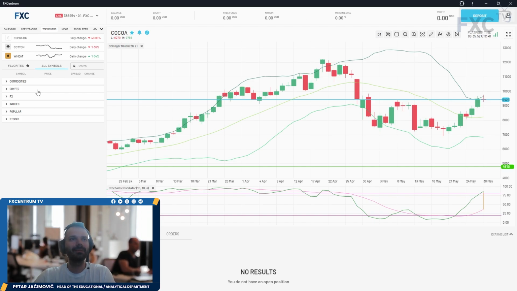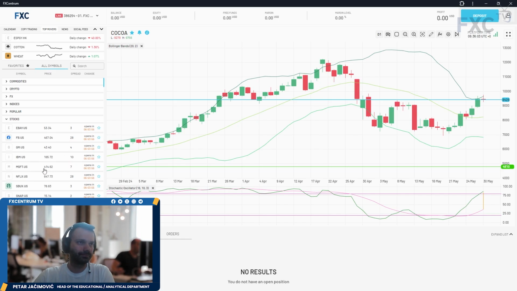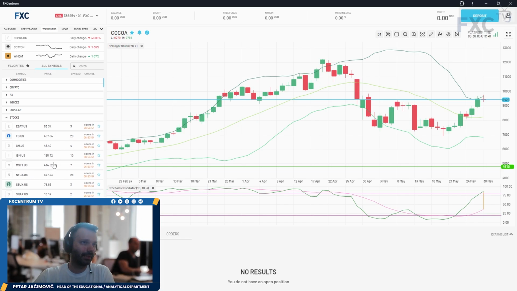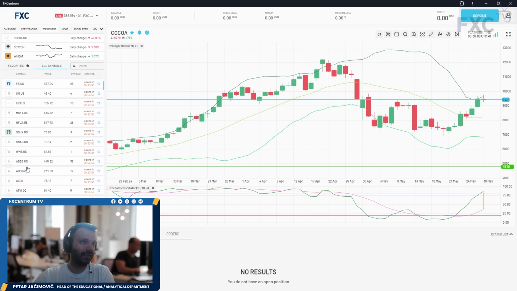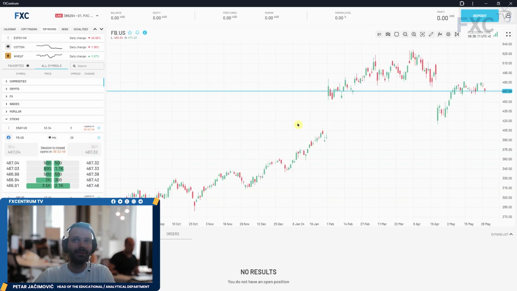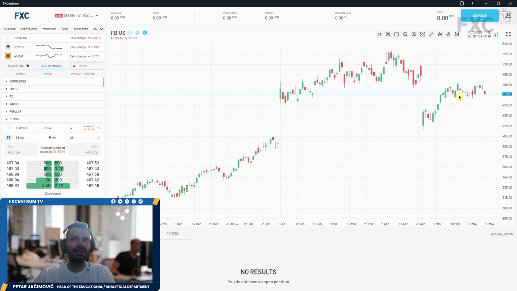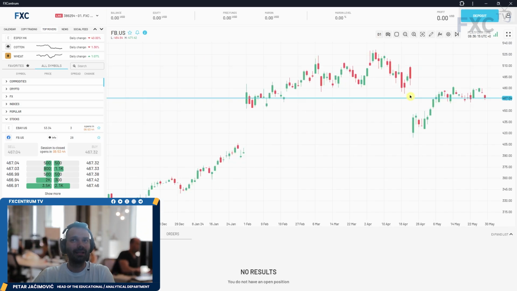There is always something going on almost every day, especially if you observe different markets, with hundreds and hundreds of different symbols. If we open the stock market, for example Facebook, you can see the chart immediately with just a couple of clicks. There was a gap and now there was a retest at 480.